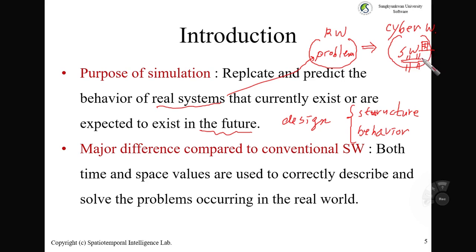Okay. By looking at the operations within these systems, we can analyze whether we are correctly designing the buildings or the traffic systems or not. Okay. So in this way, with the simulation software, we can design behavior of the target system.